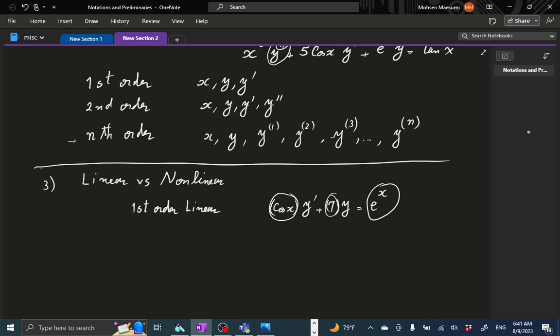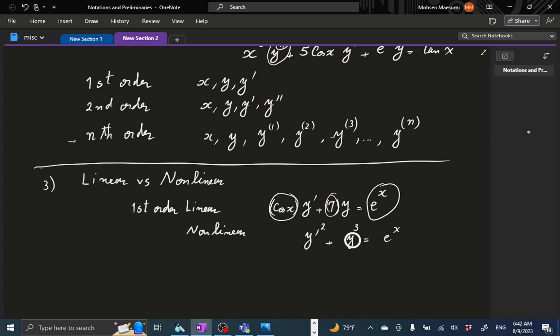As opposed to what? As opposed to nonlinear. Nonlinear is when you operate on y and y prime by doing just about anything. So if you write y prime squared and then say y cubed is equal to some function, again, it doesn't matter. So again, I have y and y prime, but they are not showing as themselves, rather you are doing an operation on them.